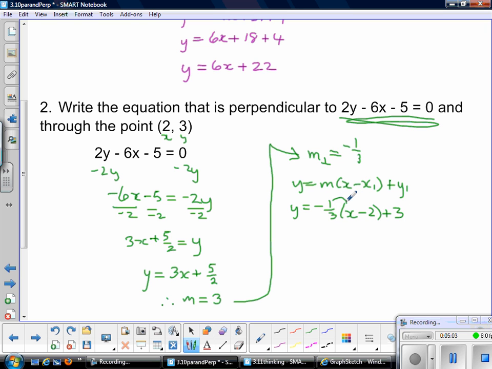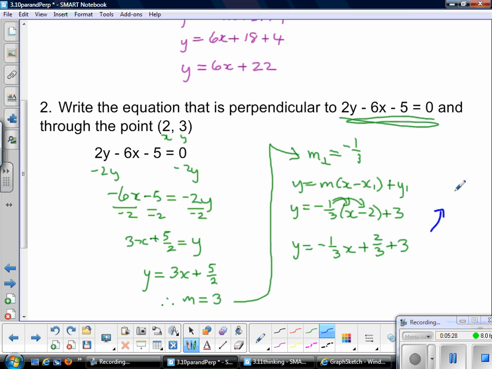Again, we're going to distribute that negative 1/3 into the bracket. So y would equal negative 1/3 x plus, watch, a negative third and a negative 2, 2/3 plus 3. Now we're dealing with fractions, so I'm going to take it out to the side so we can take a closer look.